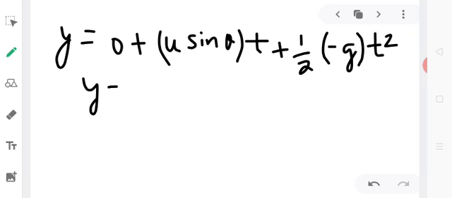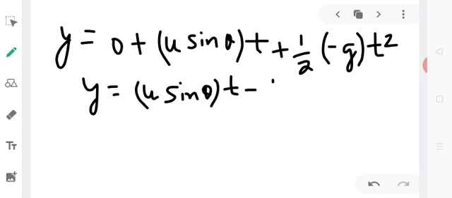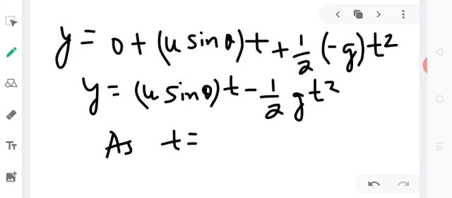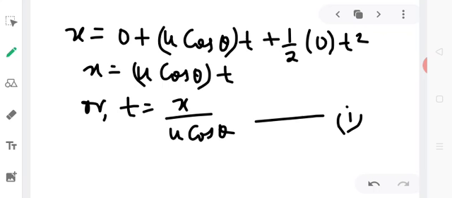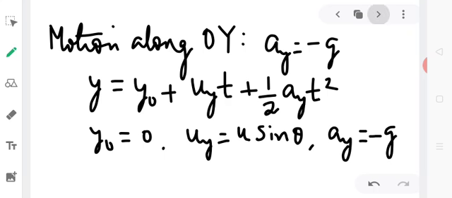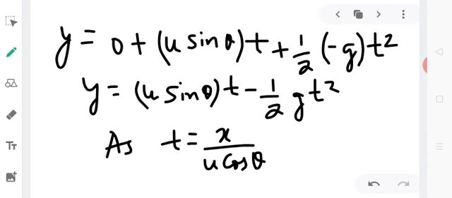So that will give us y equal to u sin of theta t minus half g t square. Now we already know that t is equal to x by u cos theta. We had marked it as equation 1. So now what shall we do? We shall substitute the value of t in the above equation.